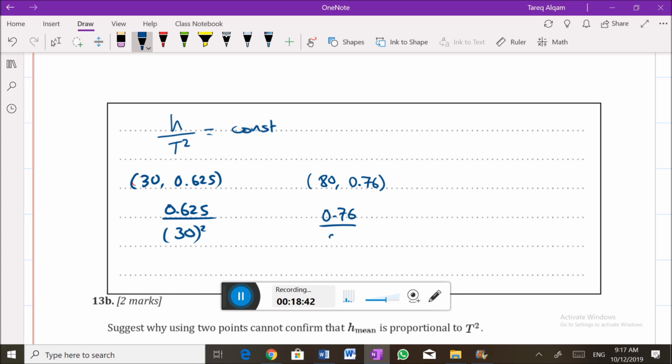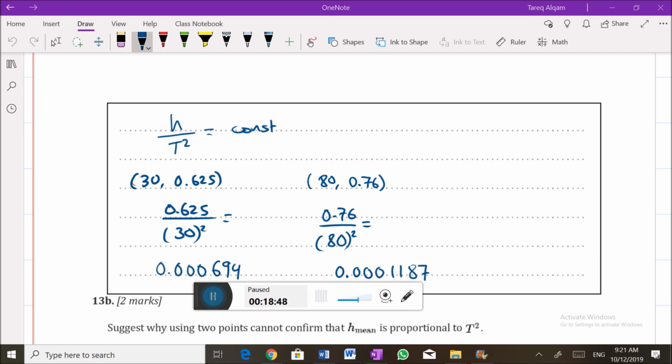The second point over 80 squared. These two sets of data of point.